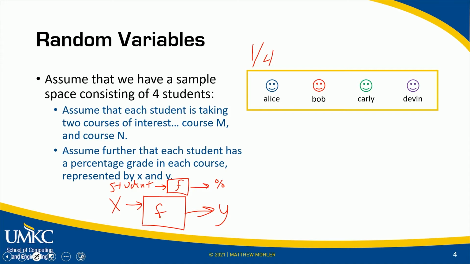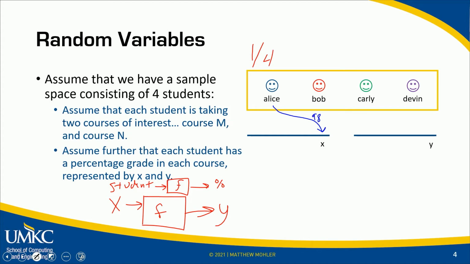But using this information, let's say that we just wanted to plot these on a number line. So if we have an X and a Y that are the number of points that each student has within the course, we can say that if we select Alice, for instance, and let's say that Alice has a score of 98% in course M. So if we were to plot that on the number line X, that might be a value right around here, some 98%.